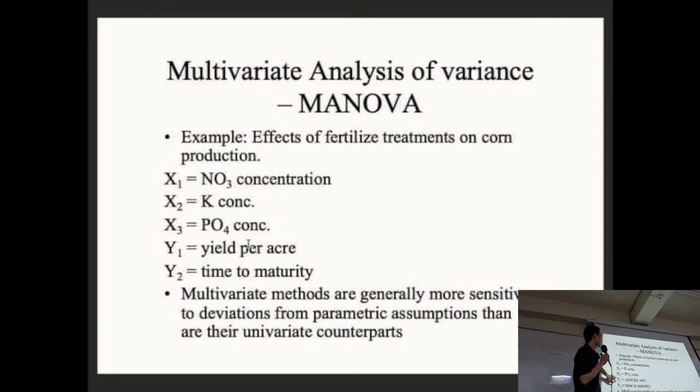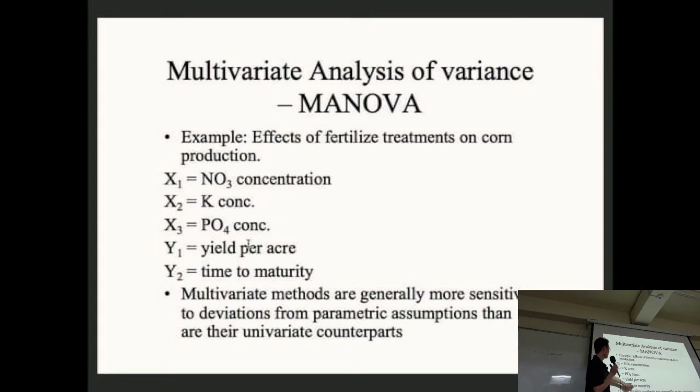In this case, the effect of varietal treatment on corn production. So that's a varietal treatment, different concentration over S1, S2, S3. And for your output, your Y, you can measure the yield, or you can measure the time to mature. So you have two dependent variables, and we want to consider two dependent variables.